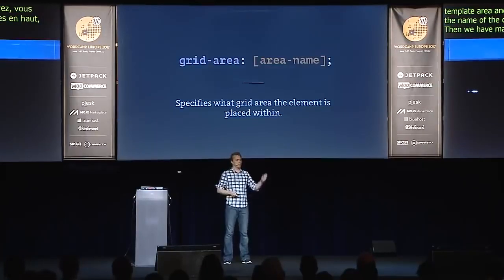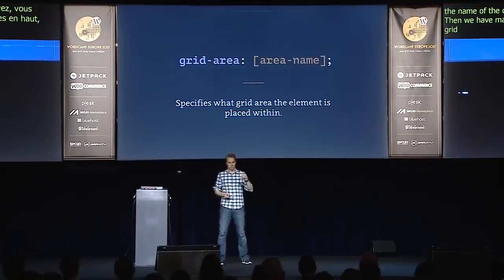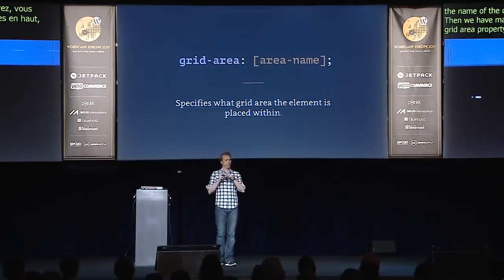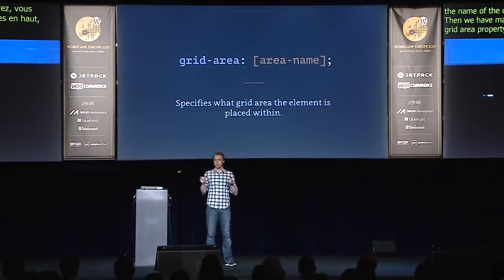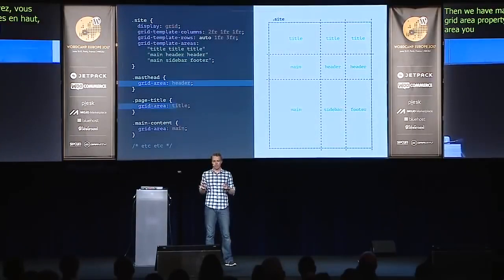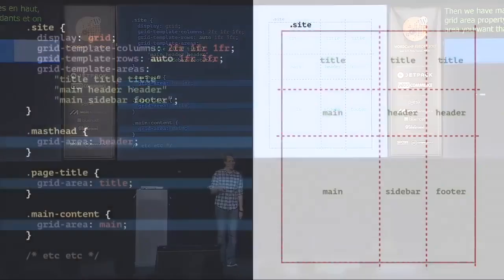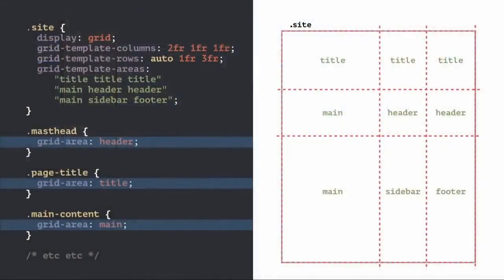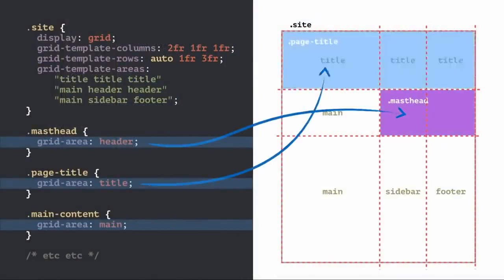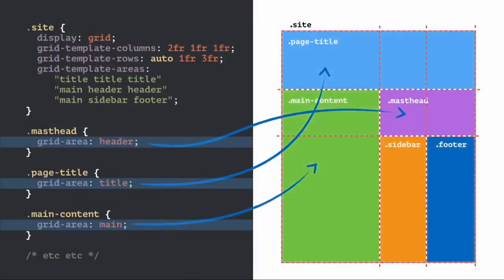Then you use the grid area property on individual child items, and you just declare the name of the area you want that element to appear. So if you say grid area header, well, that's wrong. Oh, no, it's right. If you say grid area header, the element goes to the header area. If you say grid area title, it goes to the title area.